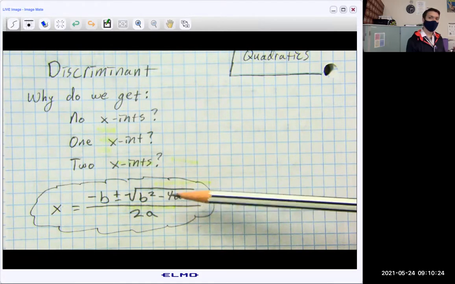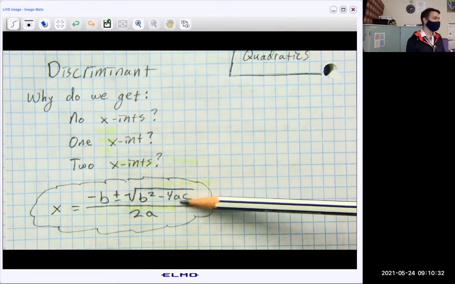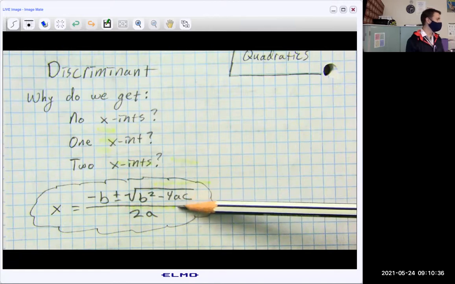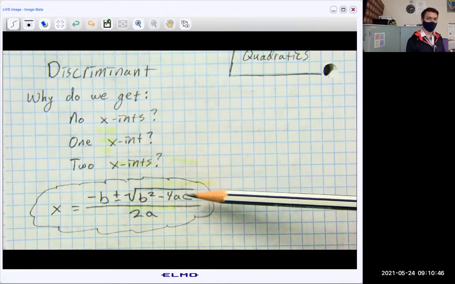You get 1 x-intercept only one way: the part under the square root has to be 0. 0 is the only number that has only 1 answer for a square root. Is that weird? And then you get 2 x-intercepts all the other times.